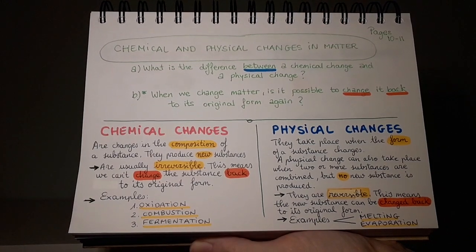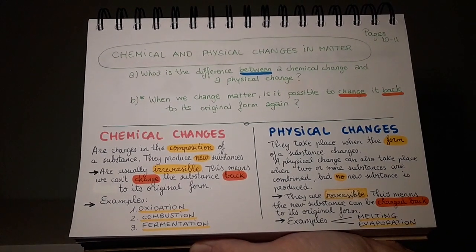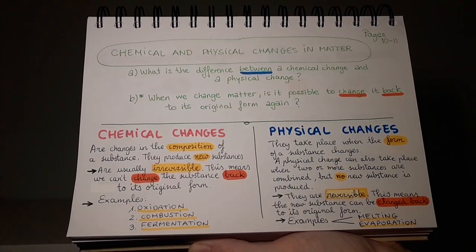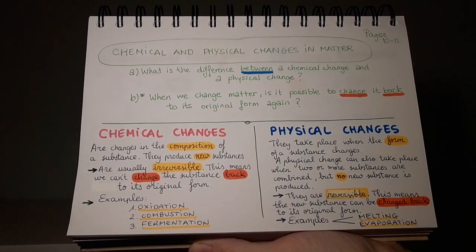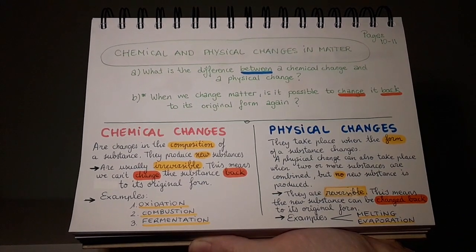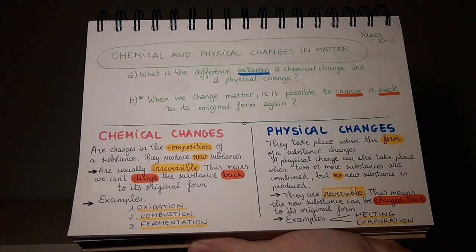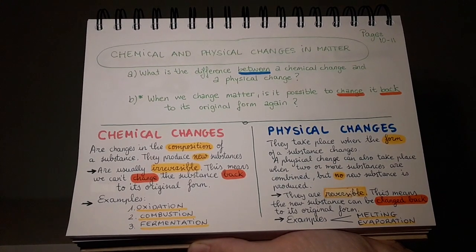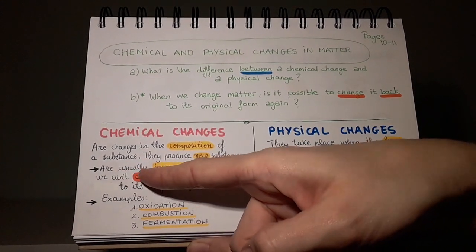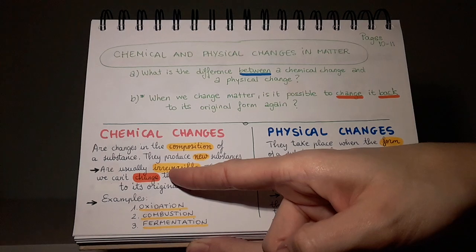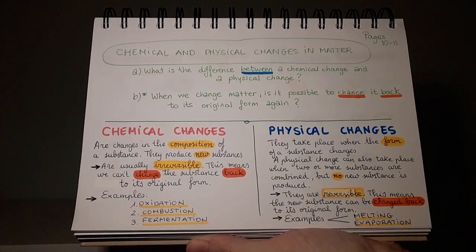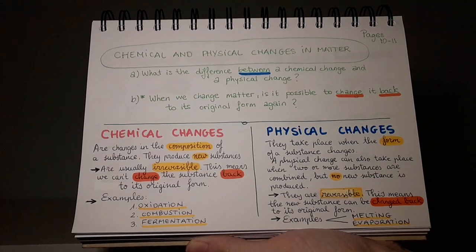All right, let's start talking about chemical changes first. Chemical changes are changes in the composition of a substance. They produce new substances. Here you have the main characteristic of chemical changes: they are usually irreversible.